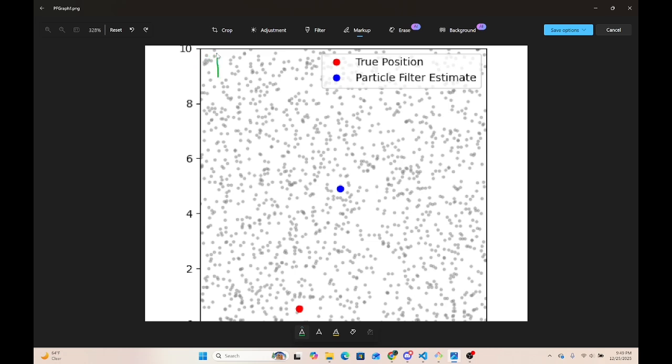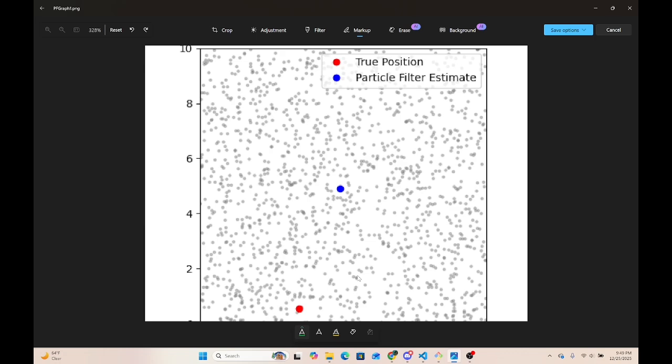We go to the next one, and so on. We do this because we want to resample our particles for the next iteration. Using weights described by the probability that our agent is actually at the specified position of each particle, we can resample and get a distribution that is a lot closer to where we actually are.